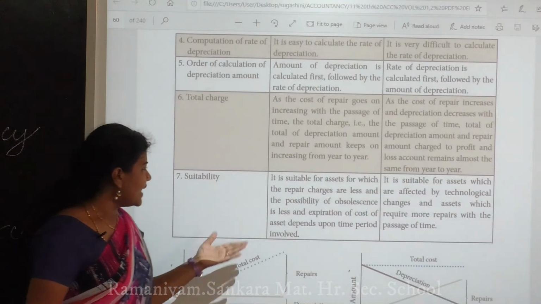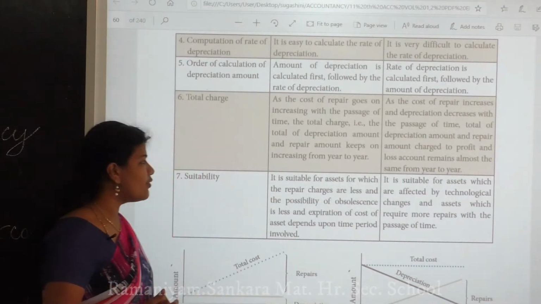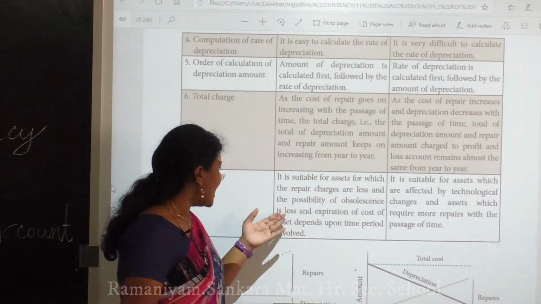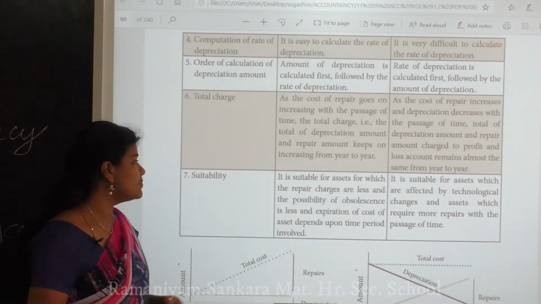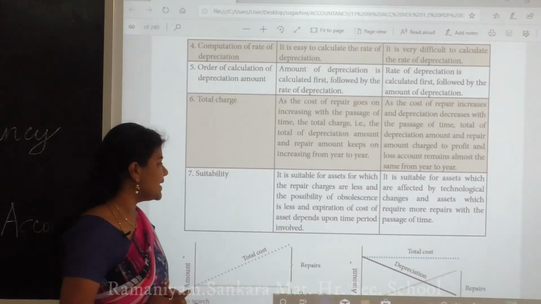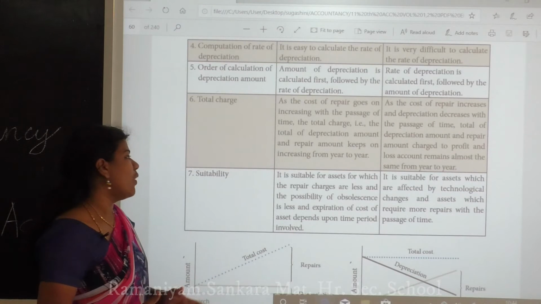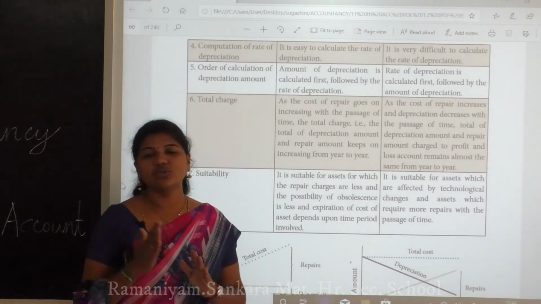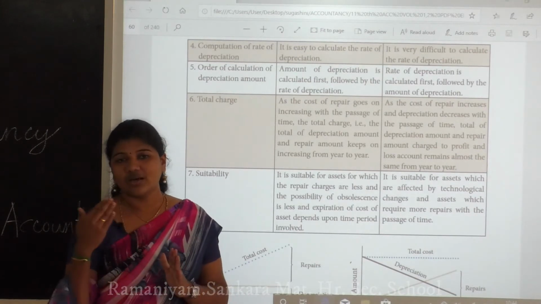Okay, so this is suitable for assets for which the repair charges are less and the possibilities of obsolescence are less, and the expression of the cost of the assets depends upon the time period involved. Actually, which assets are suitable, which machineries?